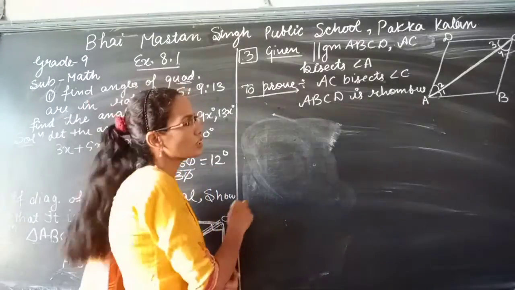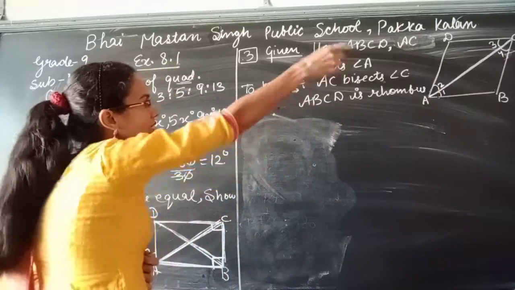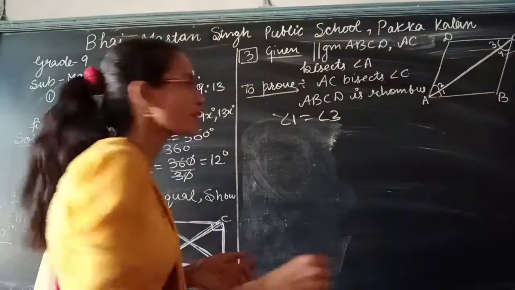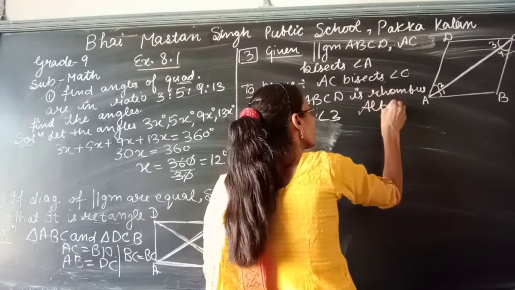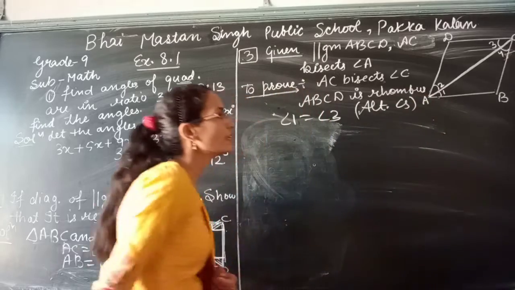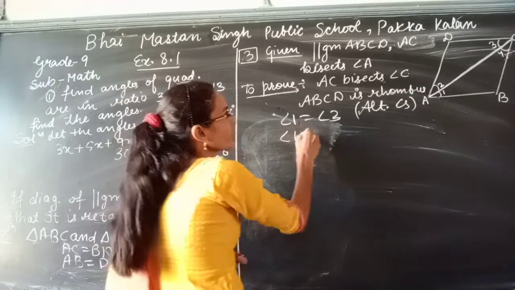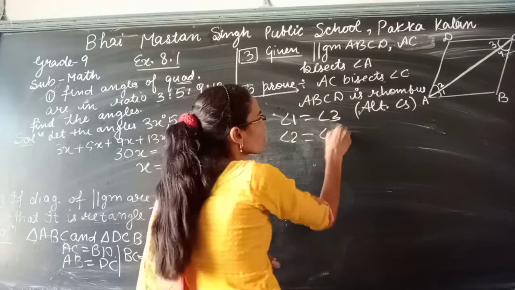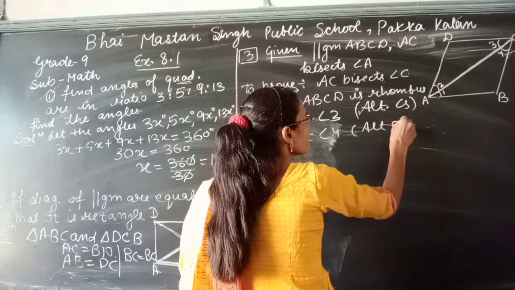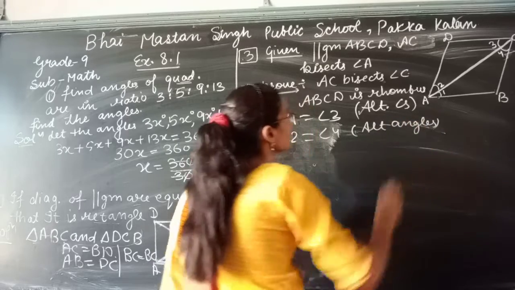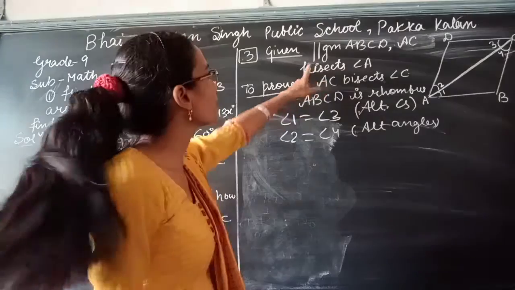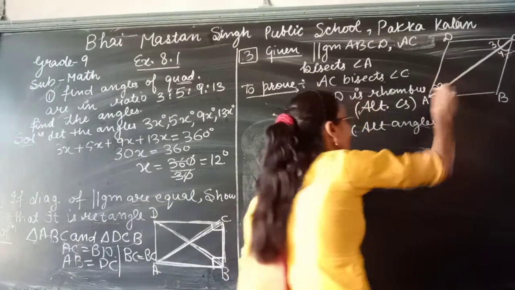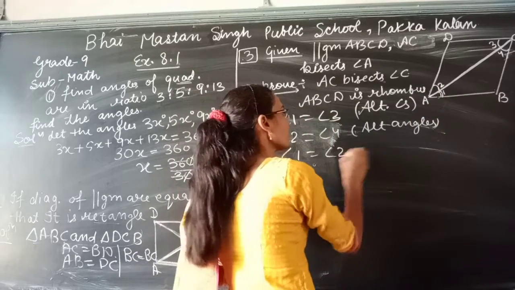So let's start. Firstly, angle 1 is equal to angle 3, because these are alternate angles. Next, angle 2 is equal to angle 4; these are also alternate angles. But it is given that AC bisects angle A, which means angle 1 is equal to angle 2.